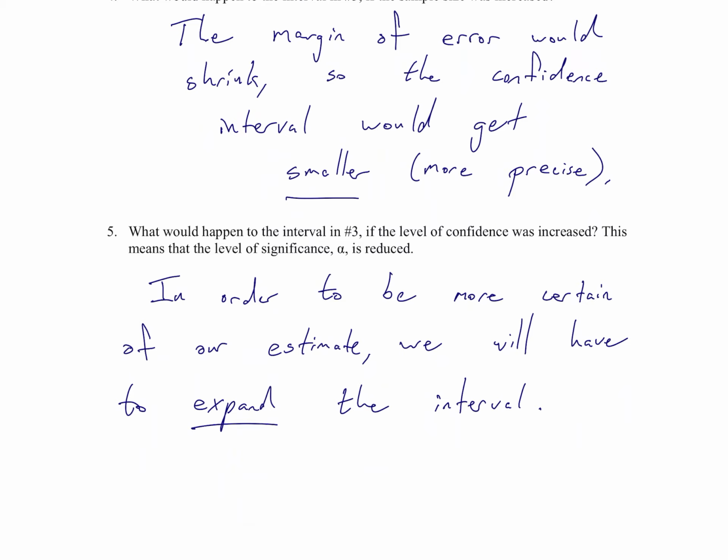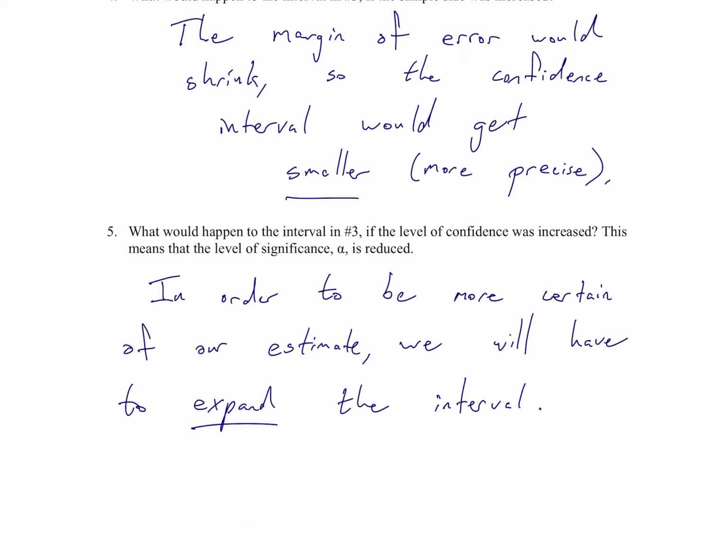Conversely, if the level of confidence was increased, so if we needed, instead of being 90% sure, if we needed to be 99% sure that the actual result was in our interval, we would have to stretch out our interval a little bit more to allow for a little more variance in our measurements. So in order to be more certain of an estimate, we'll have to expand the interval.